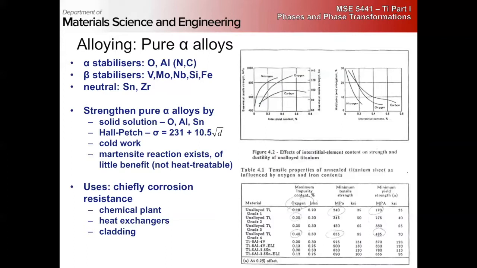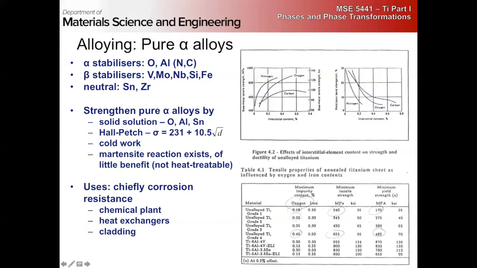There was just a big ARPA-E call for new ways of manufacturing heat exchangers to take advantage of additive and things like this for alpha and near alpha alloys. So it's a kind of exciting technological area.